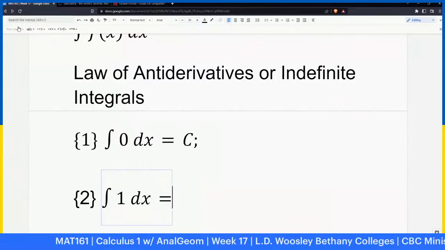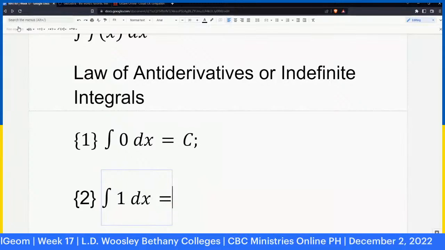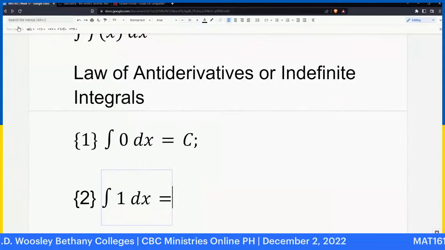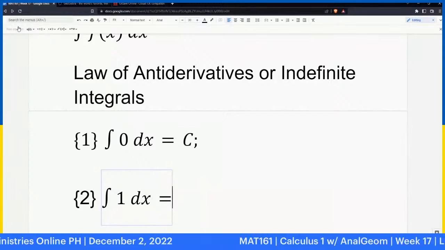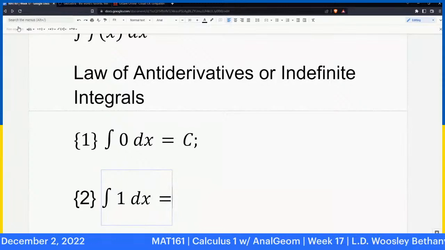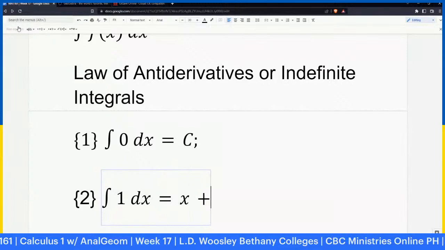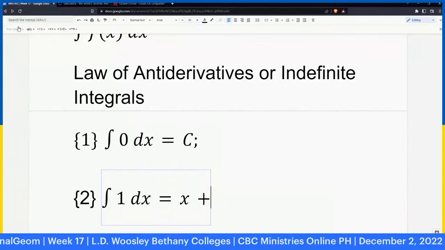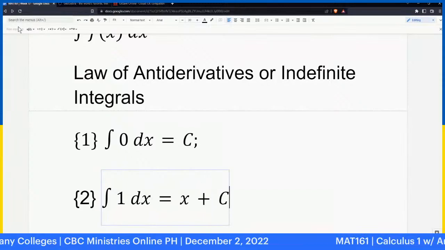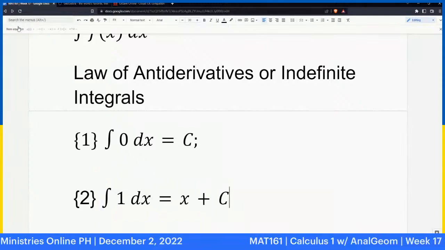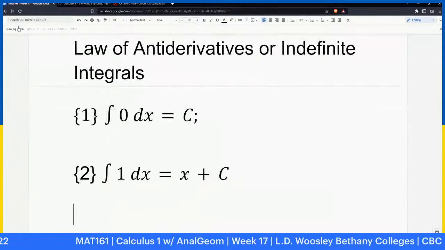Nora, Gian, integral of 1. Okay, x plus c. X plus c. Palagi may c ito. Pag walang limit, upper and lower limit, it's always x plus c. So may constant kang isasama dyan. Okay? Because the derivative of x plus c is equal to 1. Alright? Next.